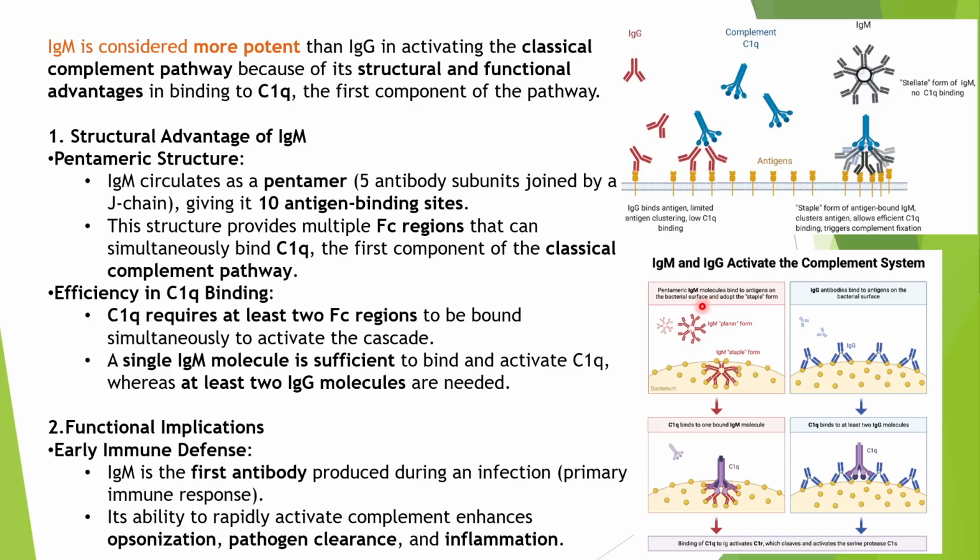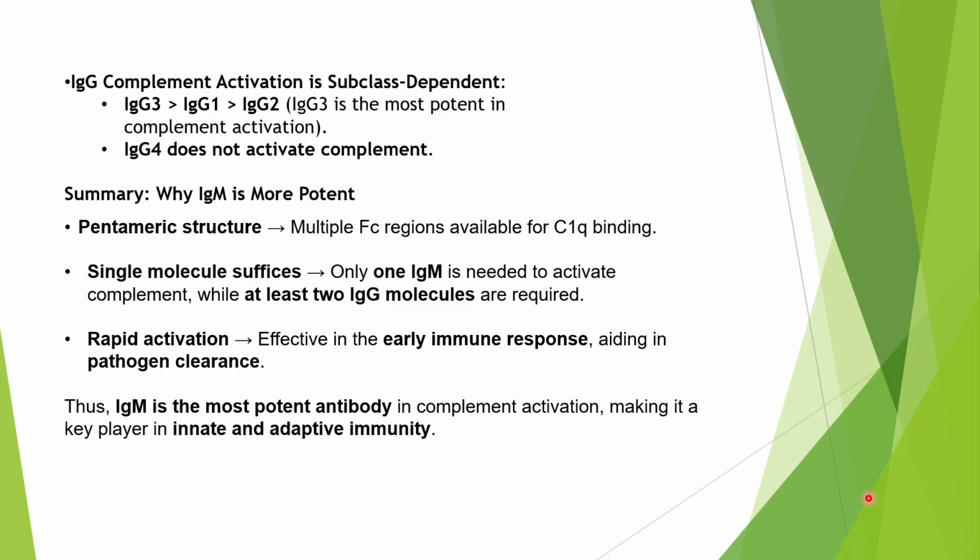IgM is more potent; the staple form and the planar form help it, and C1q binding to one bound IgM molecule is enough to activate the system. C1q requires at least two IgG bound to the antigen to trigger the complement cascade.